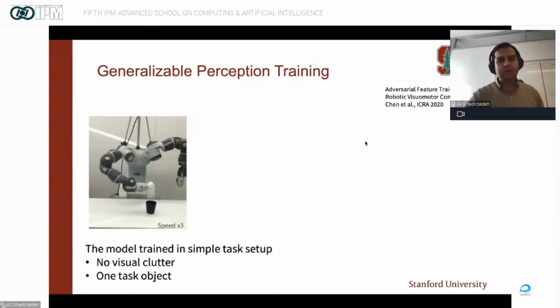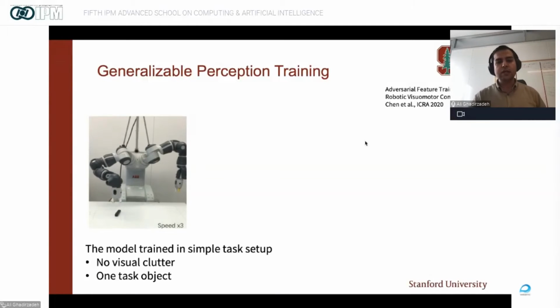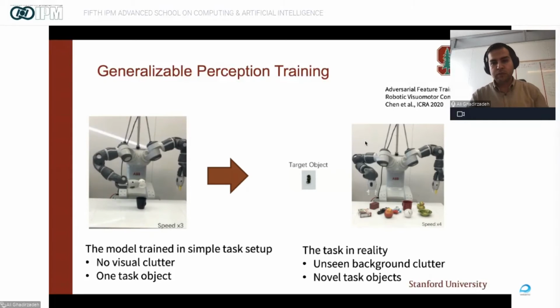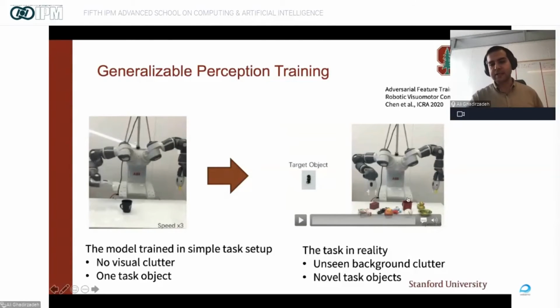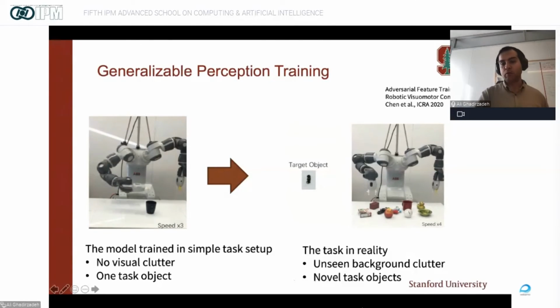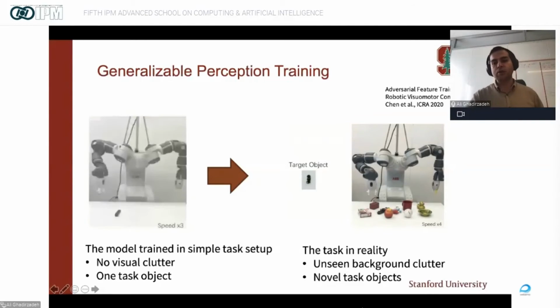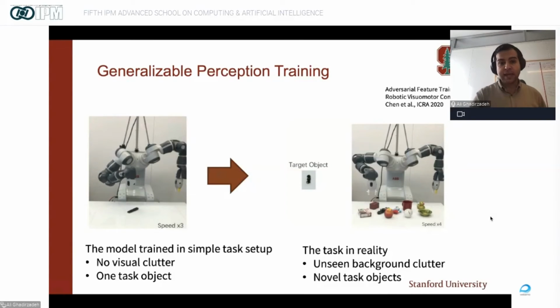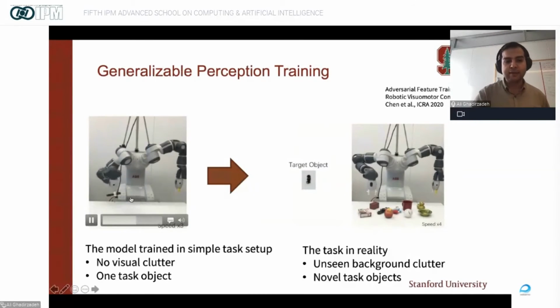Now, this is not a realistic scenario. We want to adapt the policy such that it will also work in more realistic situations. This, for example, is a little bit more realistic. We have more background clutter, and some extra objects in the scene that are only distractors. Besides that, our object is not just a black object.